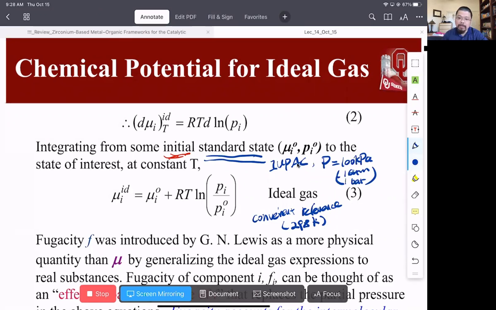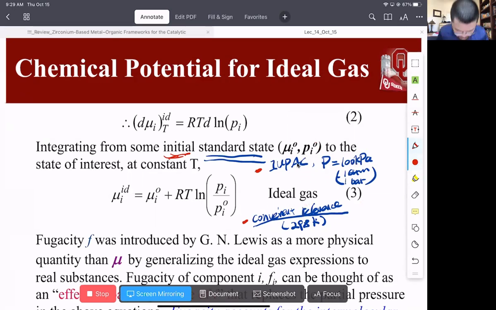If you look at the appendix for all those measurements, including the reaction or the enthalpy of formation, then we always have those values measured at 298 Kelvin. So this is quite convenient for us to use in the calculation, but that's not the standard state. So that is the convenient reference. So they are actually different.